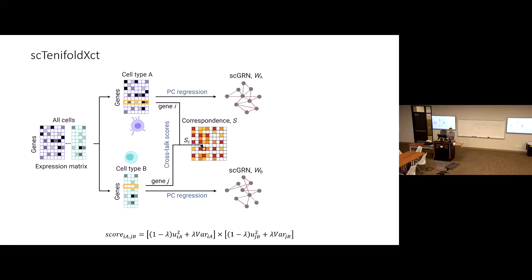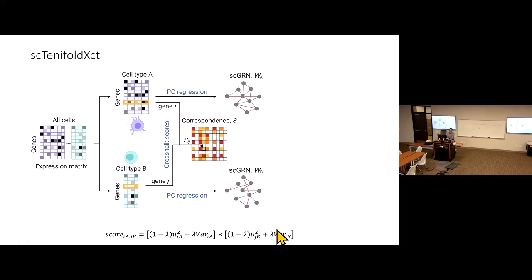As a result, maybe we detect some unknown ligand receptor pairs. And this matrix is also not symmetric, because IJ means I as ligand and J as receptor, and JI means the different direction, J as ligand and I as receptor. So this is not a symmetric matrix. Now we have three matrices.